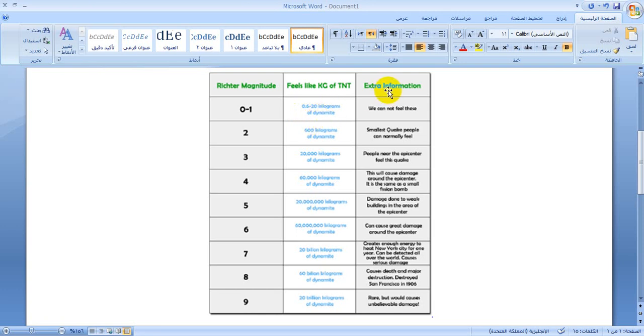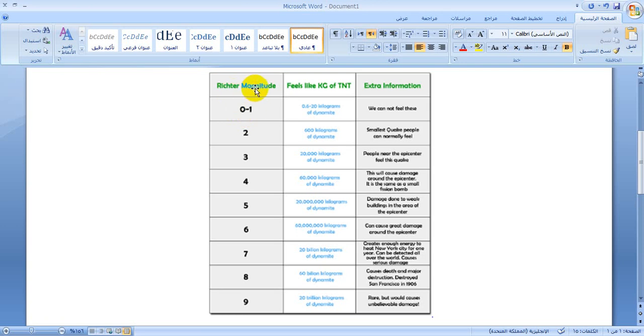And the extra information or effect here, from 0 to 1, is that we cannot feel these. In other words, when an earthquake has occurred, God forbid, from 0 to 1, we oftentimes never feel this scale or this number.